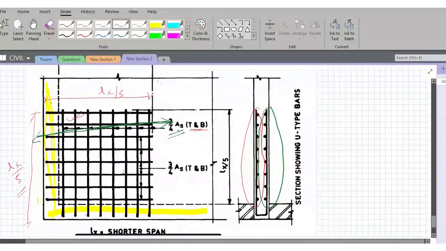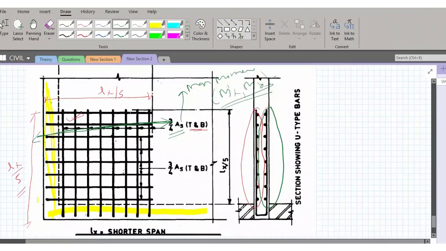So whatever is the maximum moment, considering that moment you will be computing the steel, 3/4 of that steel you are going to provide in one direction, and in the other direction also you are going to provide 3/4 of the Ast. And this steel has to be provided at top and bottom.